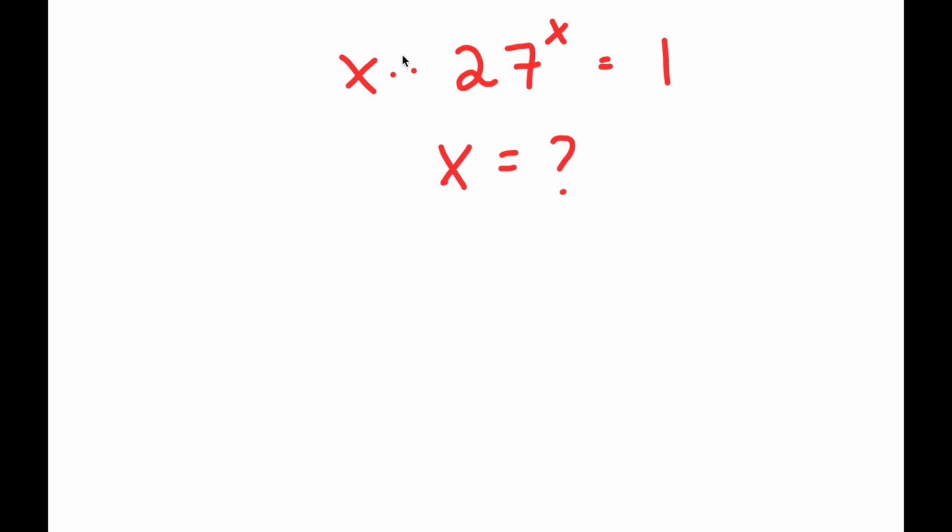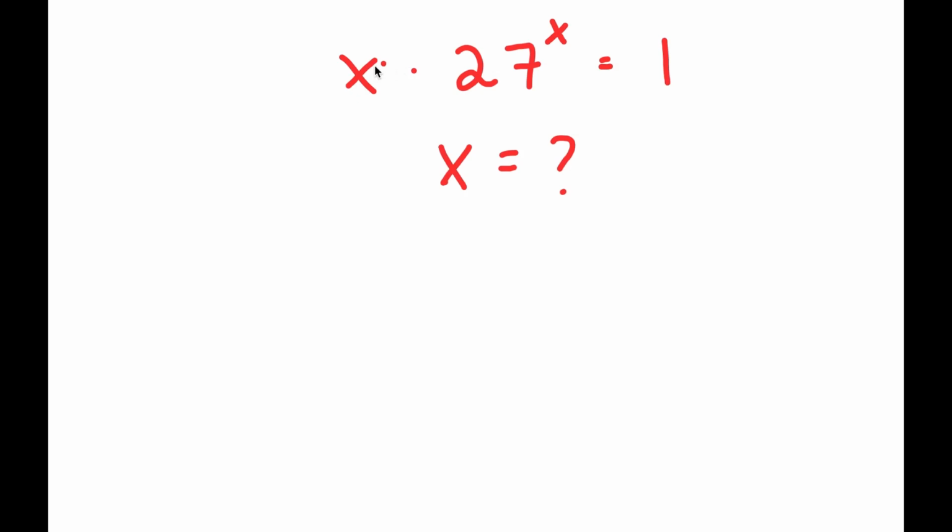So now from here, what I'm going to do is take both sides to the power of 1 over x. So I have 27 to the power of x, to the power of 1 over x, is equal to 1 over x to the power of 1 over x.